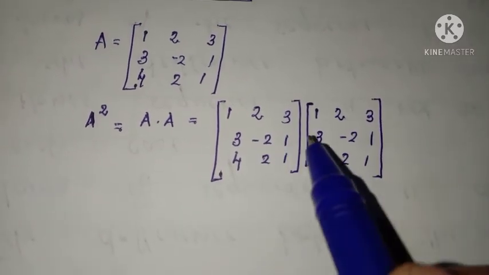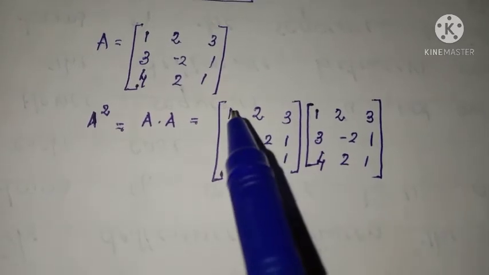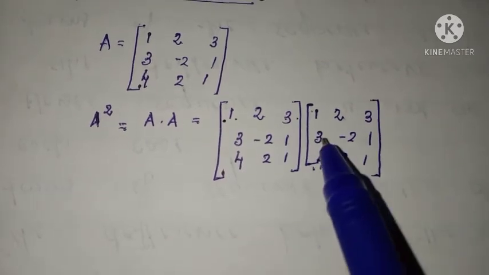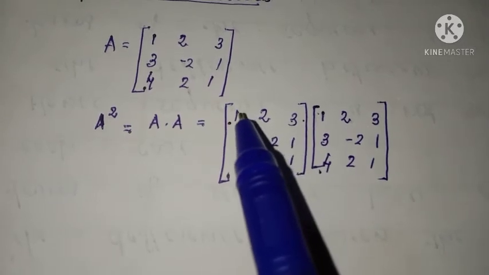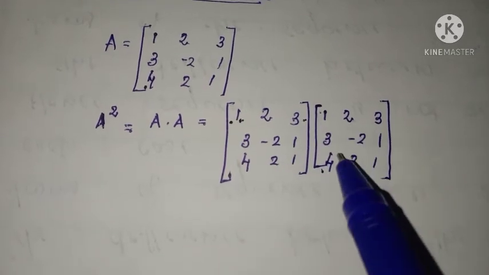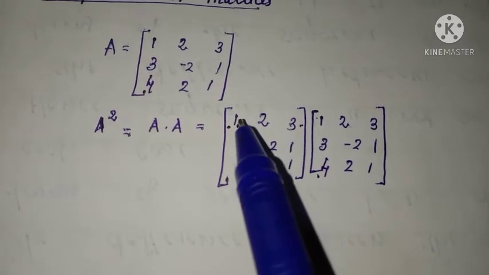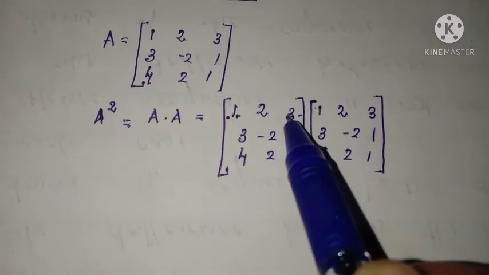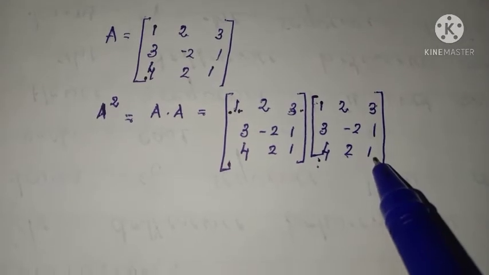This is a 3 by 3 matrix, 3 rows and 3 columns. The procedure is that we have to multiply the elements of row and column and find the sum of the products. Consider the first row and multiply its elements with the first column, second column, third column elements.